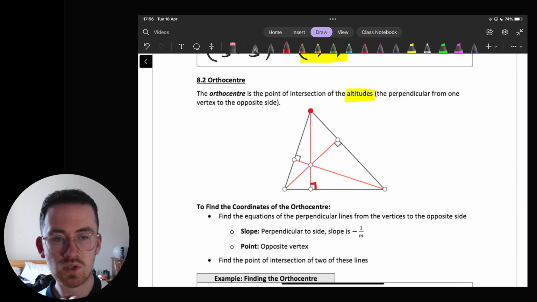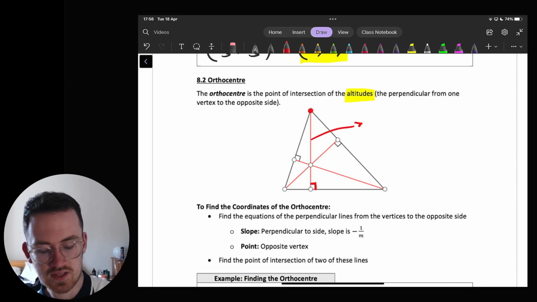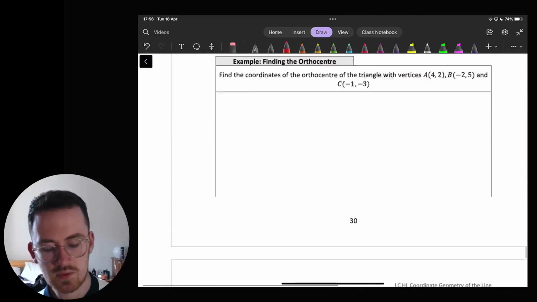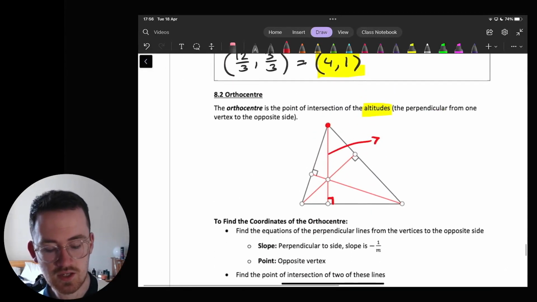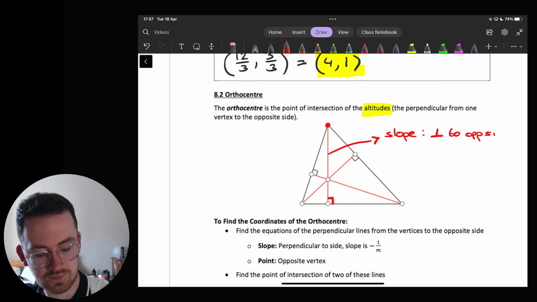So to find the coordinates of the orthocenter, we need to look at these lines. If we think about how we found the equation of any line, we need a slope and we need a point. The slope is going to be perpendicular to the opposite side. And in terms of finding the point, it has to go through the vertex.